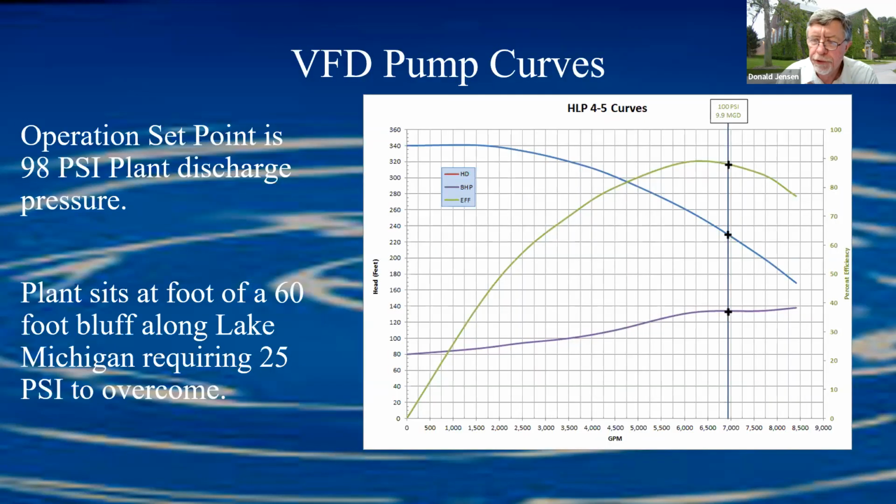Curves for the engineers in the audience here. Those are typical of our pumps. The pumps were already here when we installed the VFDs, so we didn't select pumps to match the VFDs. And as I mentioned earlier, we sit at the base of a 60-foot bluff, so we've got to overcome that with our pressure before our first customer.